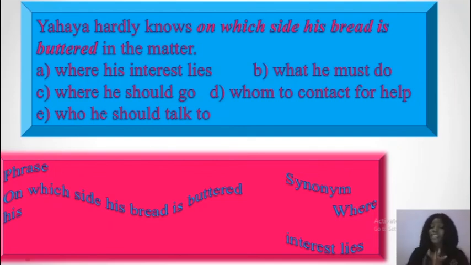Now you have to practice on your own. You have to use your JAMB past questions, answer questions on synonyms. Try on your own to write out the words, try to give synonyms for them, go through the questions, and don't forget, you have to get the meaning in context.